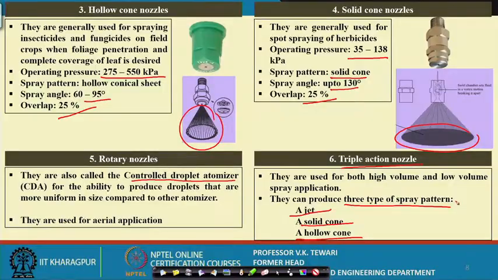That is why I have listed that this particular topic we are discussing is selection and design. We will select the pumps and the nozzles which are available, depending upon what sort of overlap I want, what crop is to be sprayed and things like that.